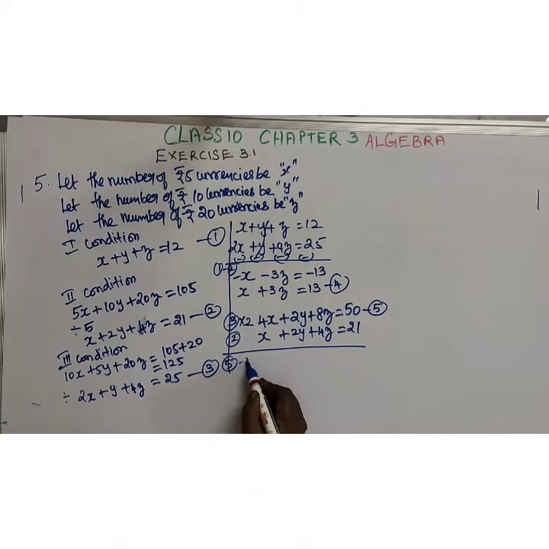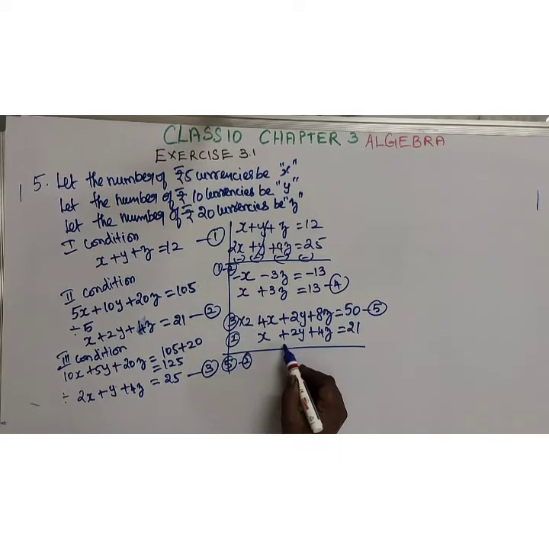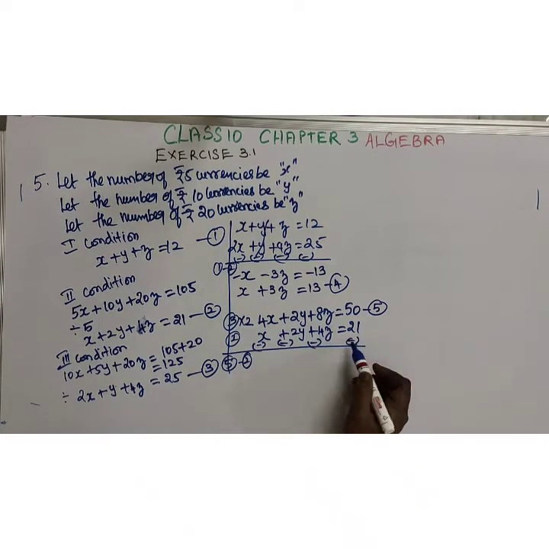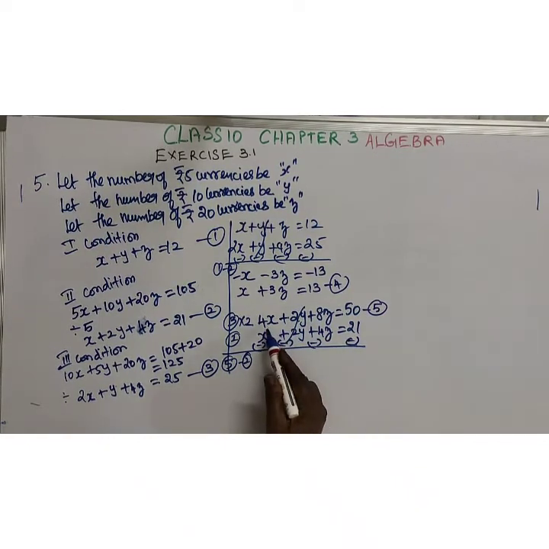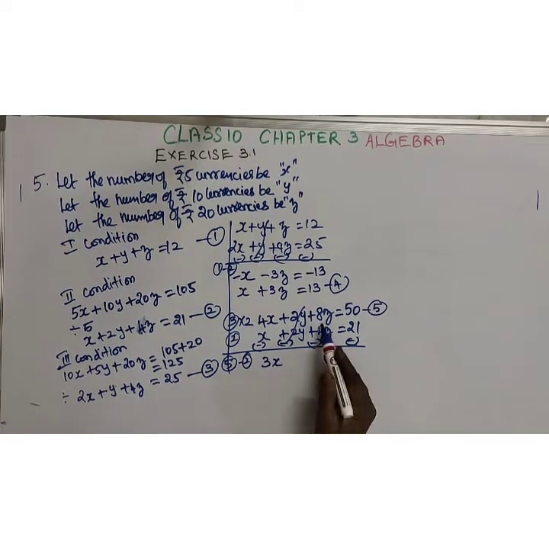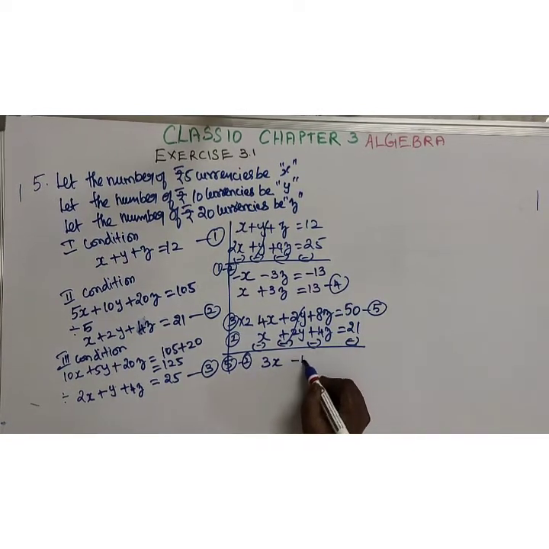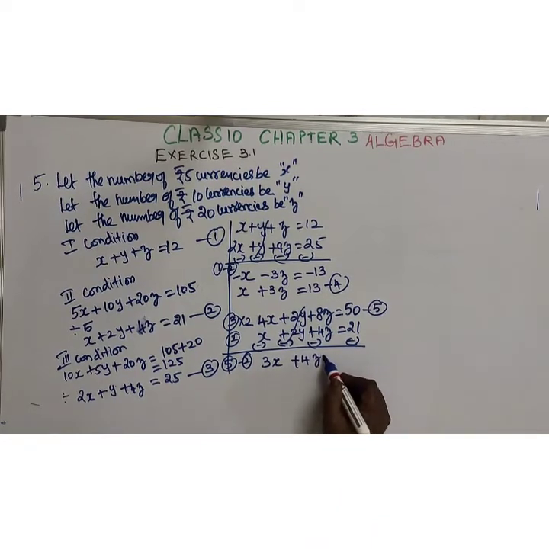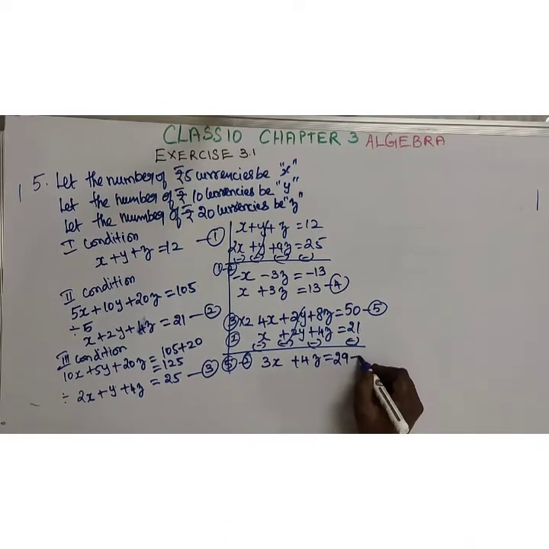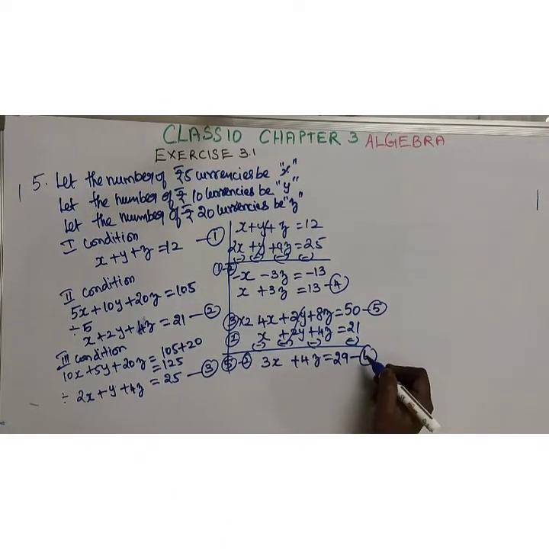So subtract the second equation from the fifth equation. Change the sign of each and every term. So 2Y minus 2Y get cancelled. 4X minus X, 3X. 8Z minus 4Z, plus 4Z, that is equal to 50 minus 21, 29. Have this as sixth equation.